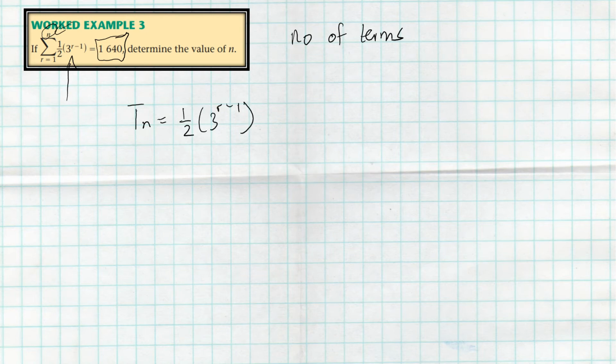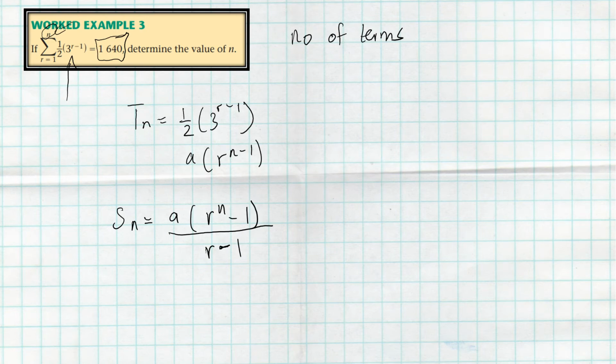So we can see this is a general formula for geometric, so this is a sum of a geometric. After identifying that, we are going to use the formula for the sum of a geometric series in order to solve this problem. So the sum of a geometric says a into r exponent n minus 1 over r minus 1, or you can use the other formula that says a into 1 minus r exponent n over 1 minus r.